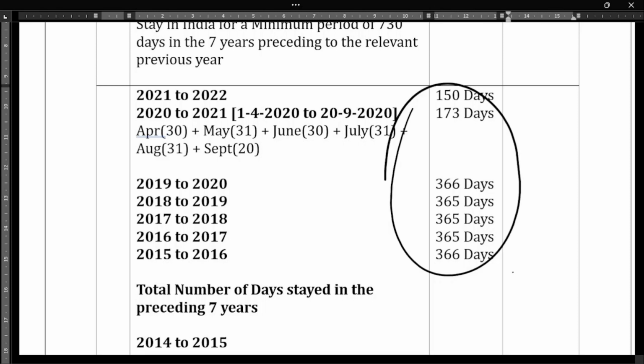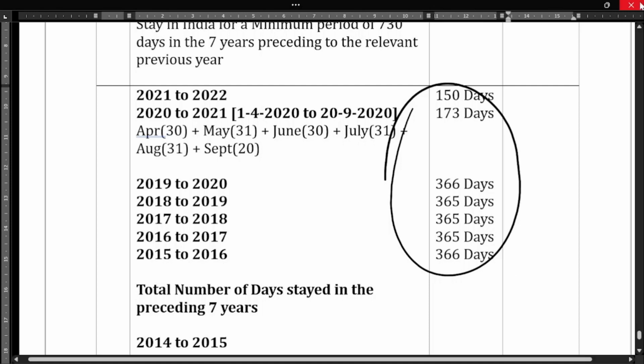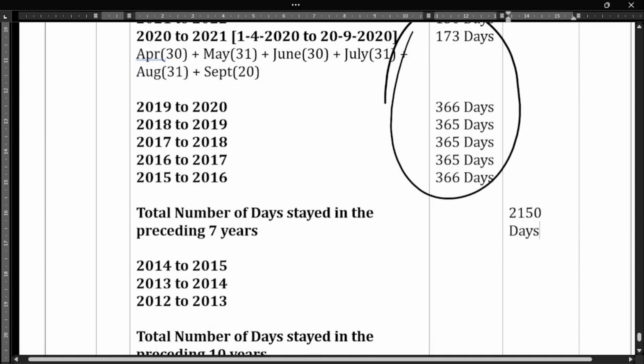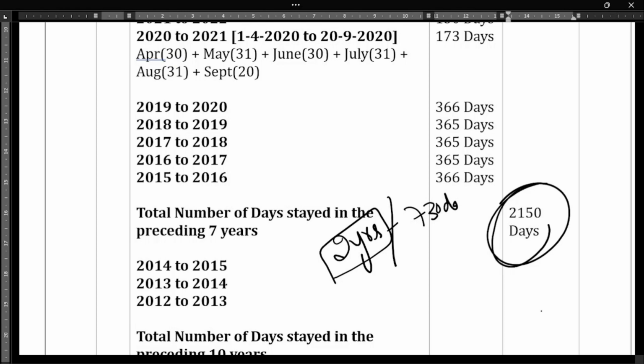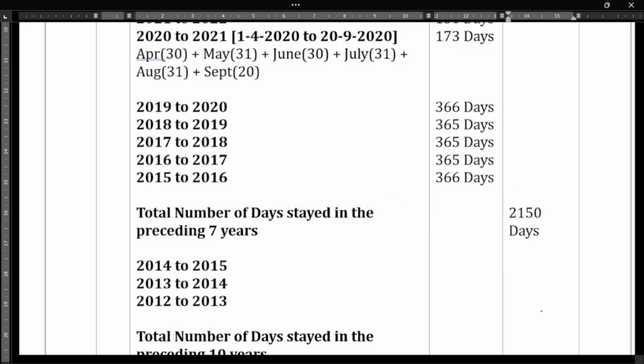So try to do the total along with me. 150 days, 173 days, 336 days, 365 days, 365 days, 365 days and 366 days. Total it is 2150 days. So in the last 7 years, Raju was in India for 2150 days. Actually, according to the rule, 2 years would have been enough. 2 years means 713 days. So he is there for more. So he is satisfying basic additional rule number 1.